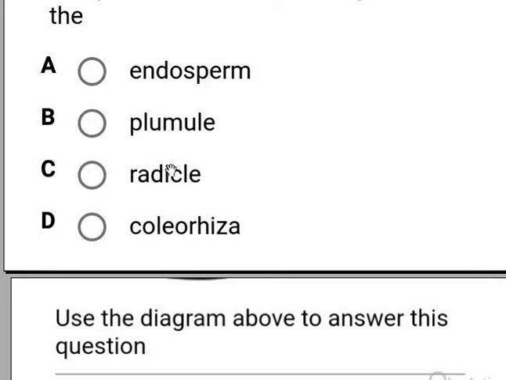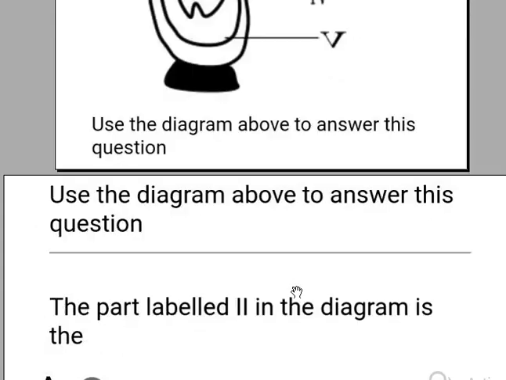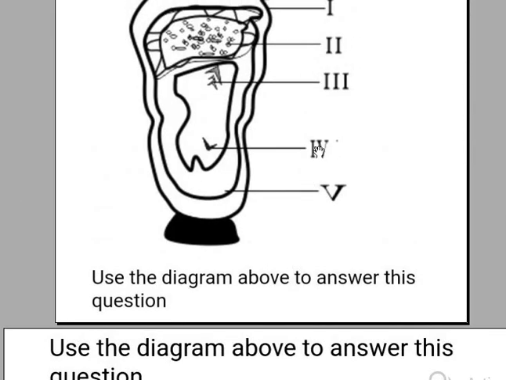So let's go to the diagram. We all know that Roman 2 is endosperm, and then Roman 4 here is the radicle, and Roman 5 is protection of the radicle. If this is the radicle, then this one is the protection of the radicle. The first question asked what the part labeled Roman 2 in the diagram is, which is endosperm.